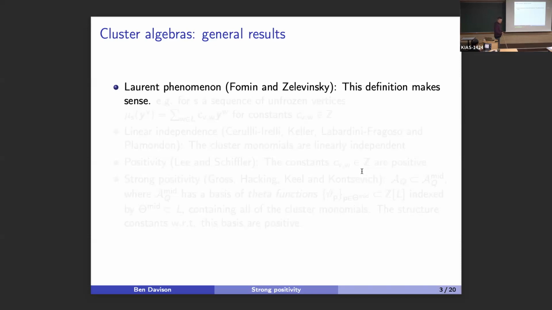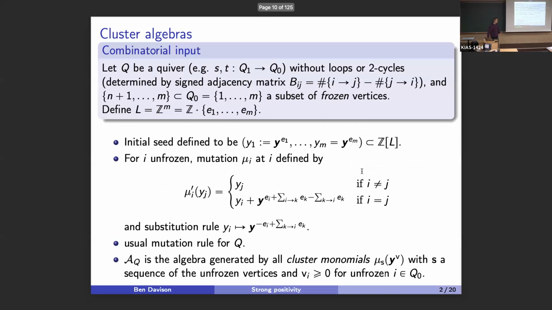Firstly, the first result that one needs to check is that this definition actually makes sense. So why might this definition not make sense? It's if I go to here, in this second term, I have a minus sign.